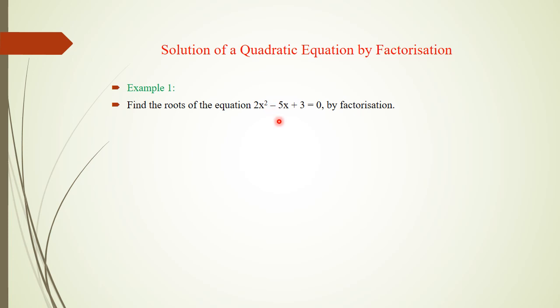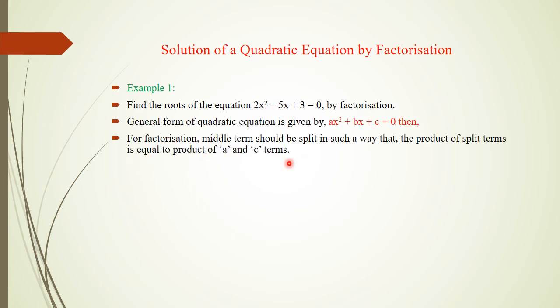Value of b here is minus 5. If I want to mention that, then I need to split this minus 5 in such a way that that should be equal to product of a and c, that is nothing but 2 into 3. Product of a and c is 2 into 3, that is 6.